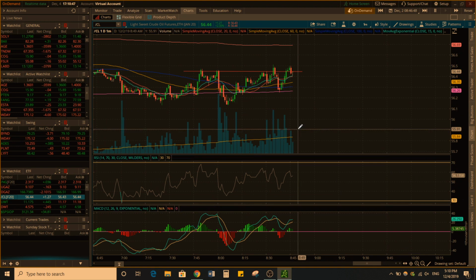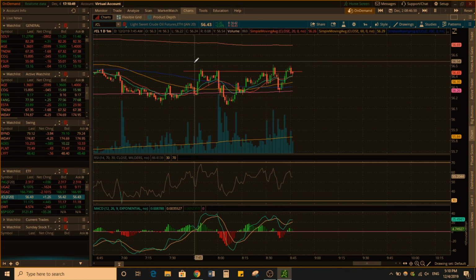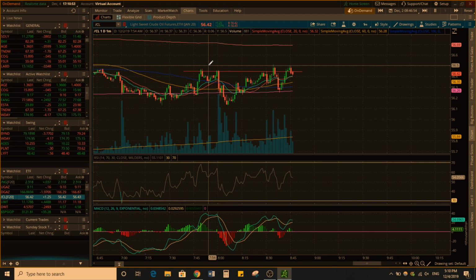Let's see here. Okay, CL is reversing. Looks like it went back to the old resistance that I basically drew about in that area. I think one thing that I've had a lot of trouble with is that I always assume that the stock is going to go to exactly the same point it went to last time, like the exact same peak, and that's why I often don't lock in profits at the right time, and I end up losing money.